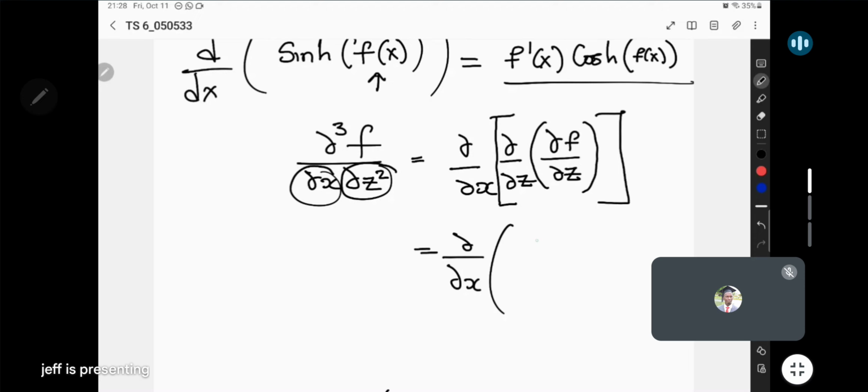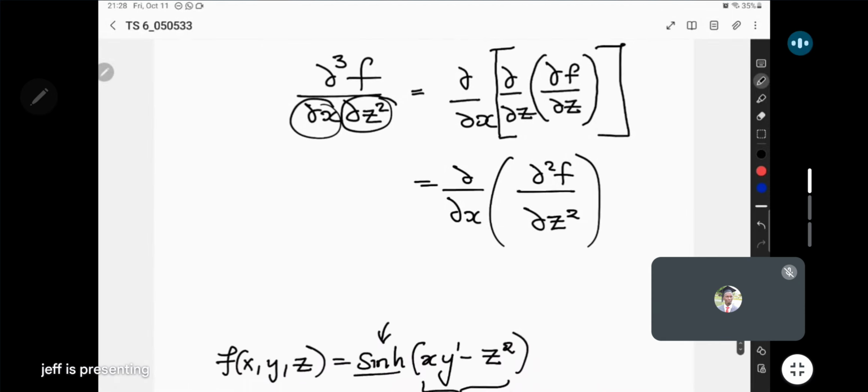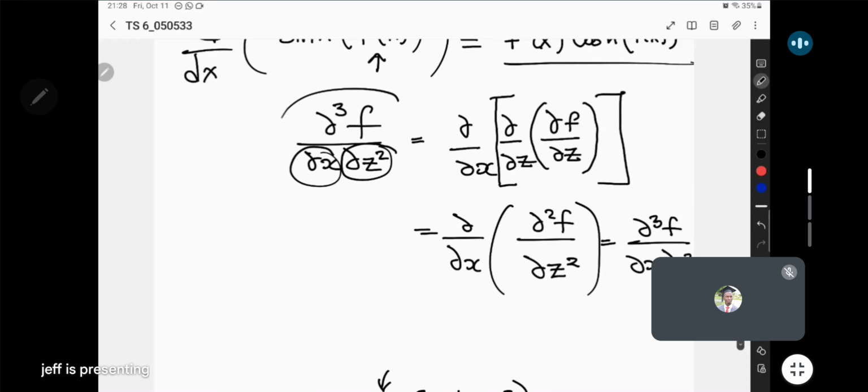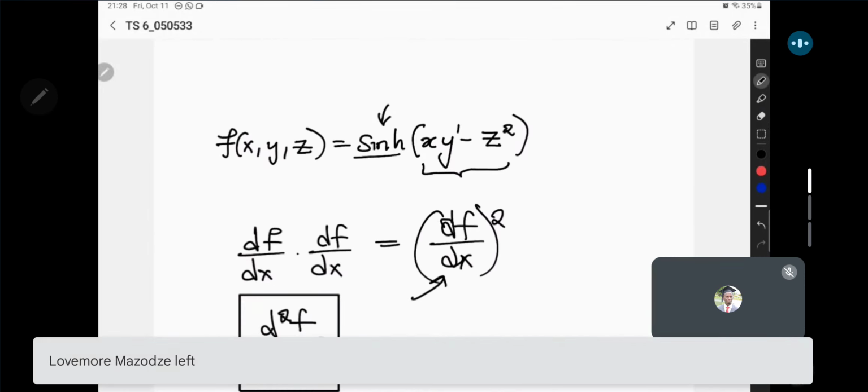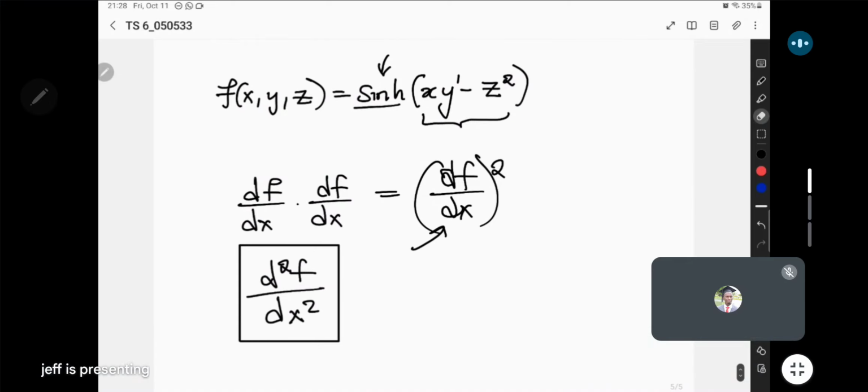So that combined to just give us partial squared f, or the second partial of f, and then this was now partial z. The square now shows up there. And then when put together, this is how they ended up with the 3 on top, and then partial x, partial z to the power 2. So I hope you've seen how we get to interpret this operation. Very important step. And once you understand how you interpret that, we can then move on to start obtaining what they want us to get.